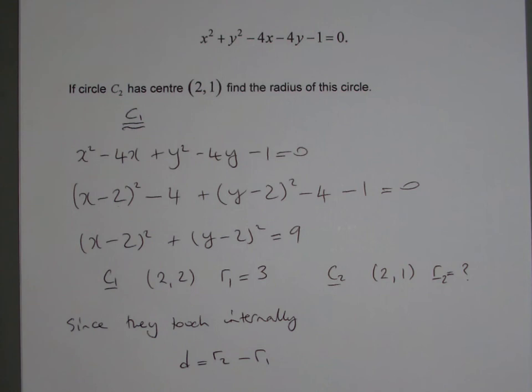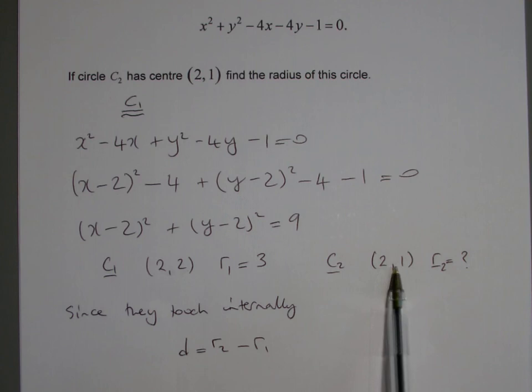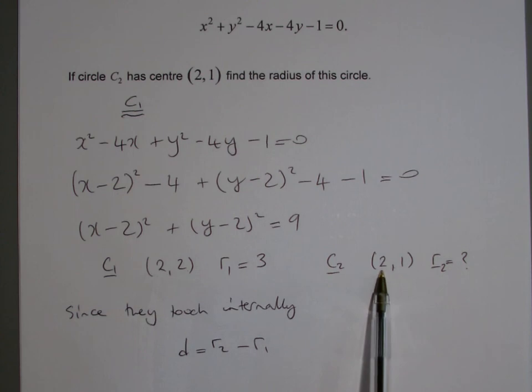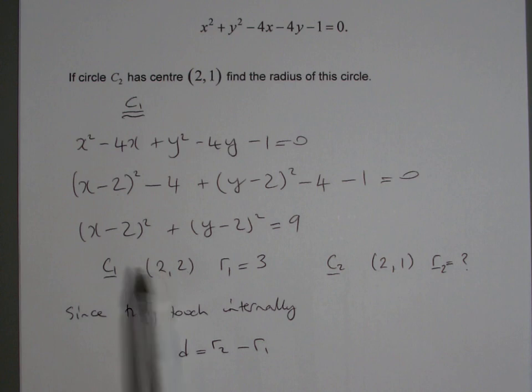Now, we've got to work out the distance between the centers. But we don't have to do much work here, because the center of C1 is (2, 2) and the center of C2 is (2, 1). They have the same x value, but this is one value higher on the y-axis.